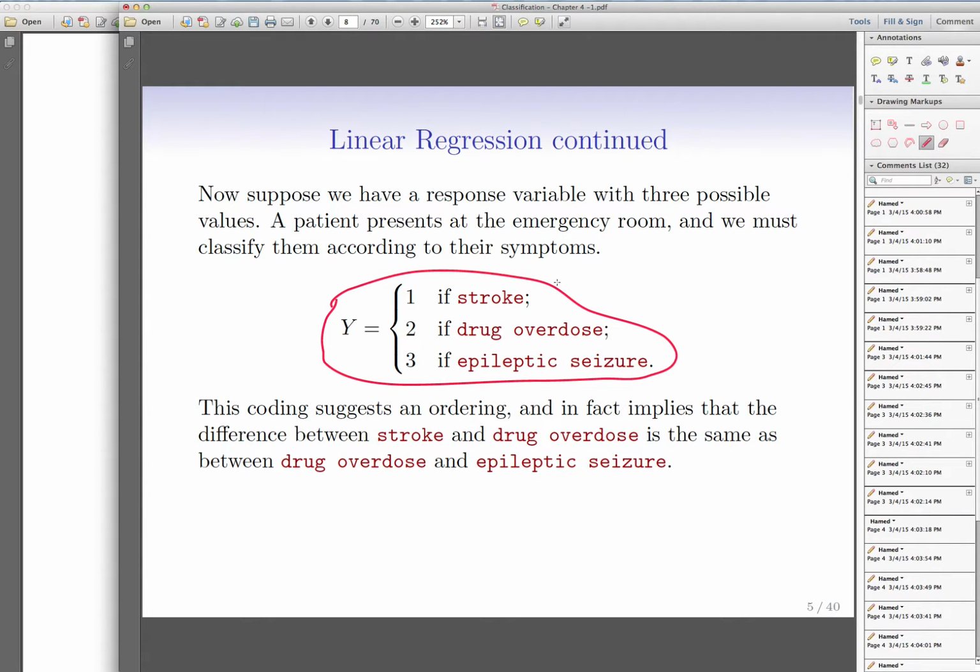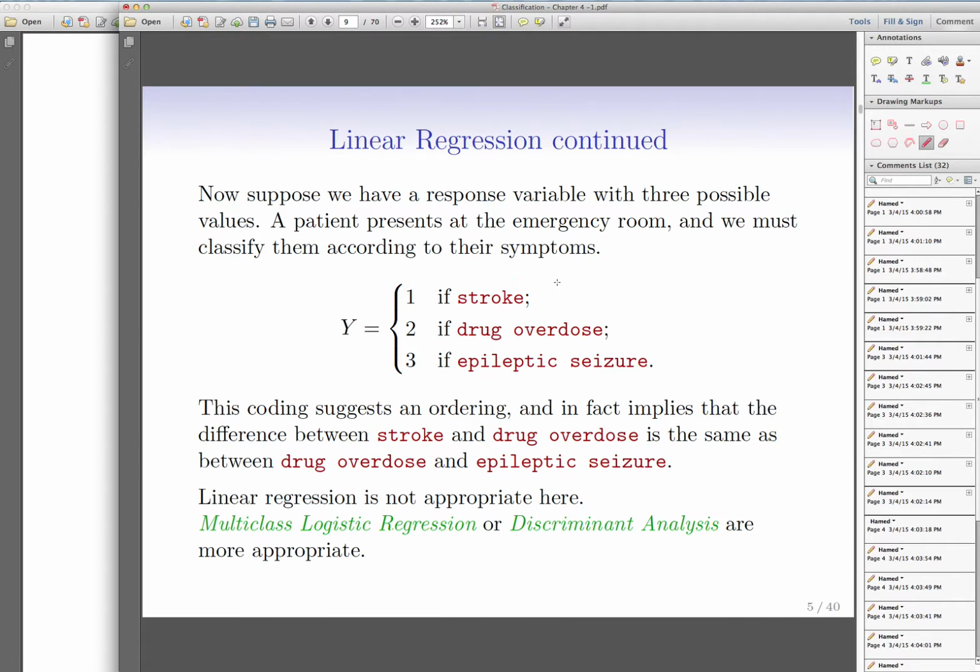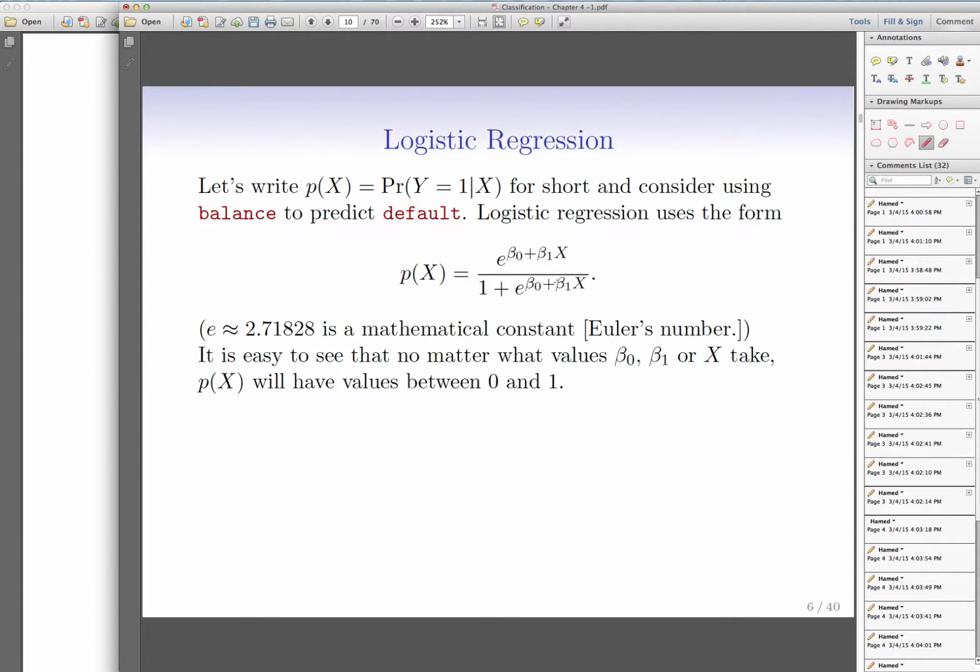Let's say we want to predict if this is a stroke, drug overdose, or epileptic seizure, based on the symptoms you observe. So here we have 3 outcomes, and again, we can use some modifications on logistic regression models to work on it. So let's get back to logistic regression models and see how we work on it.